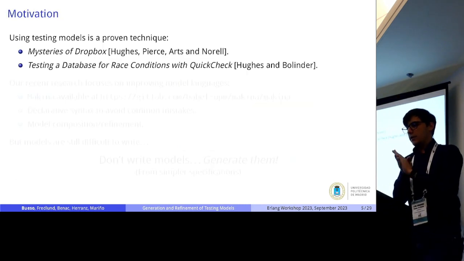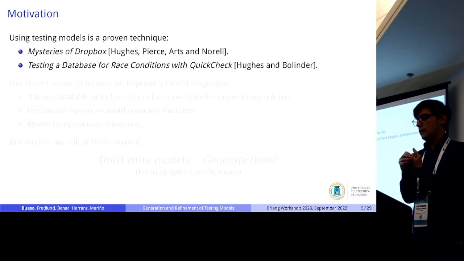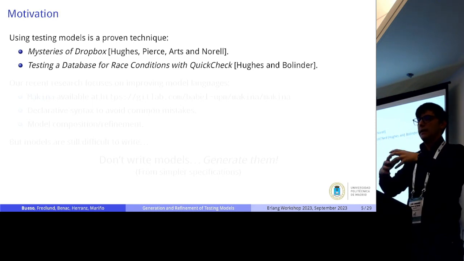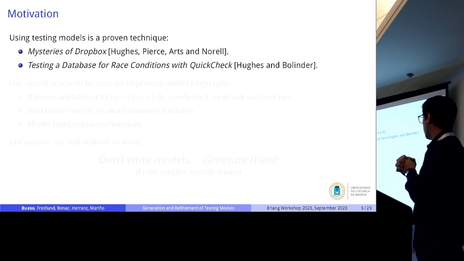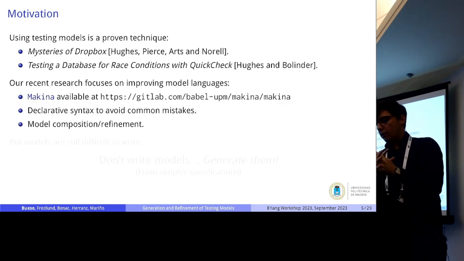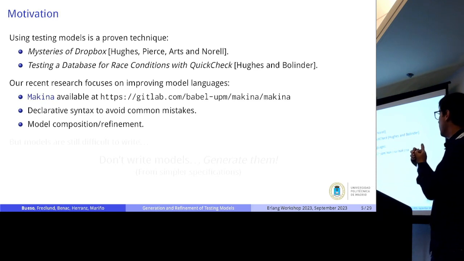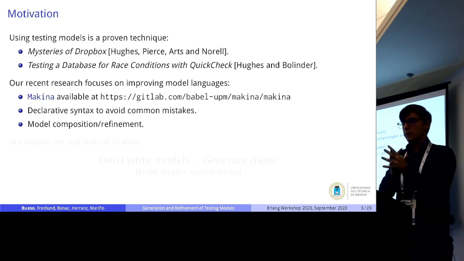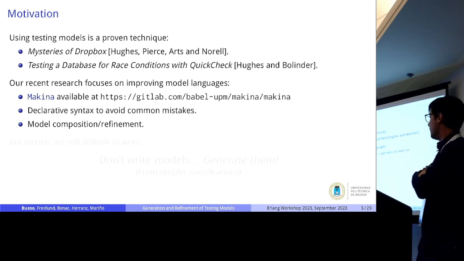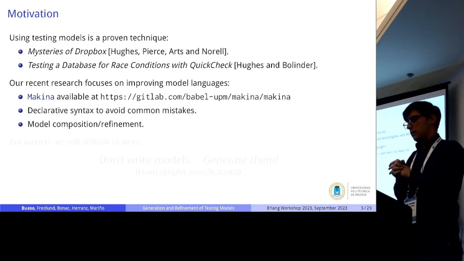So the motivation for this work is that using these testing models is a proven technique. We have many papers that test real-world systems and found bugs in them. Our recent research has focused on improving these testing model languages. Especially, we've worked on this library called Makina, which is open source and is available at that link, that introduces mainly two features to these testing models.